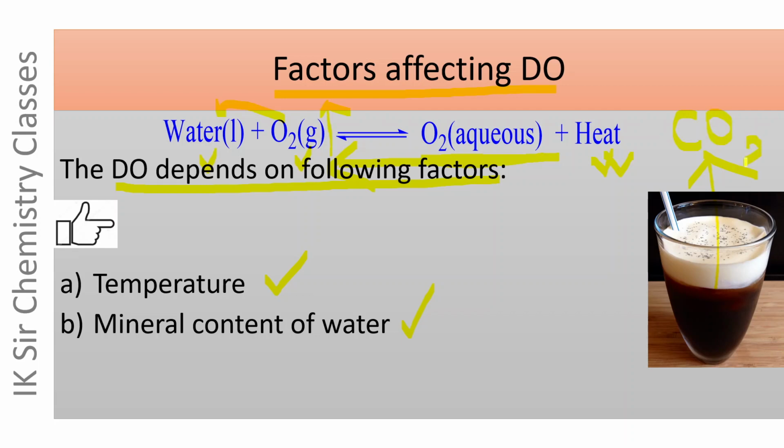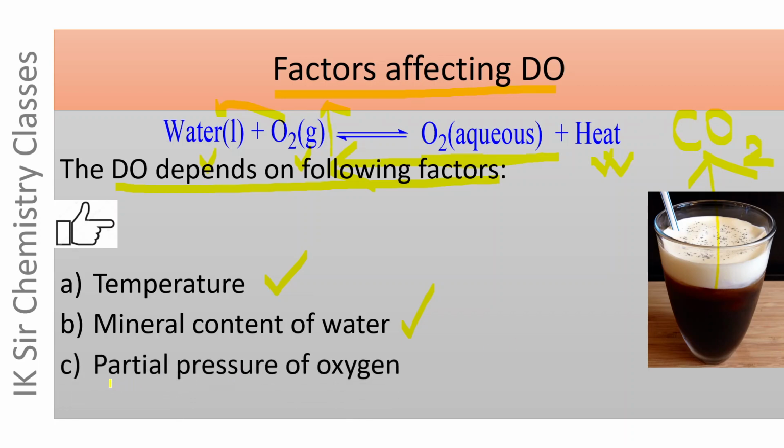The solubility of any gas in water decreases with increase in its mineral content. This is why the DO value of seawater is lower than that of fresh river water.